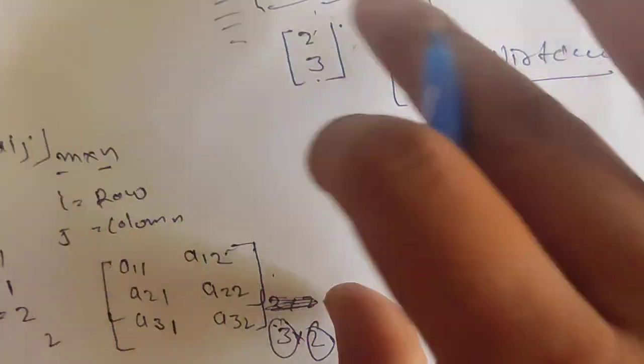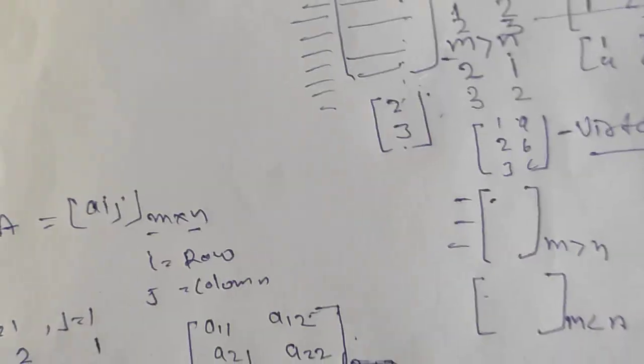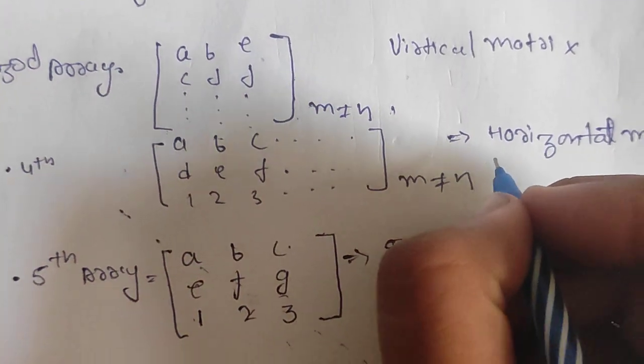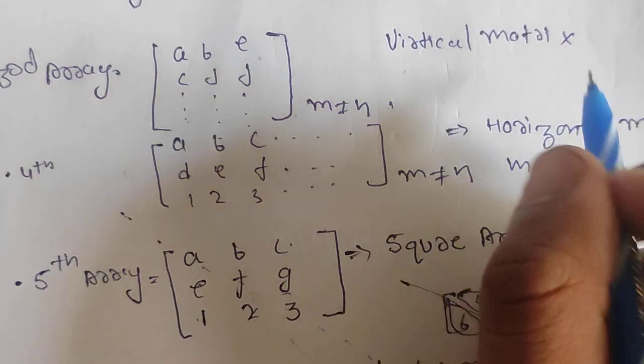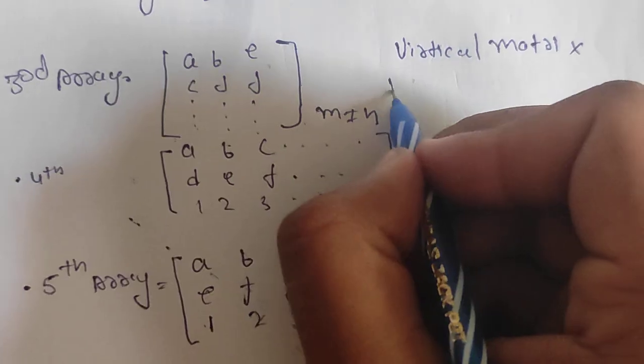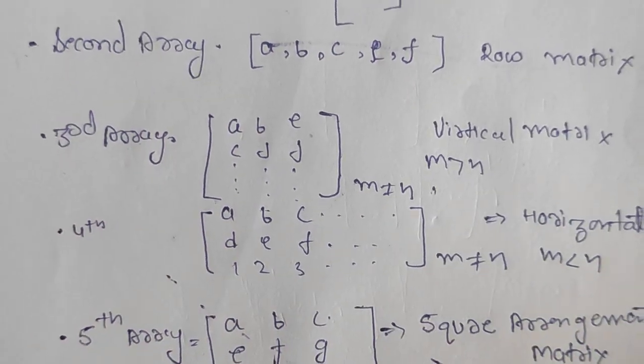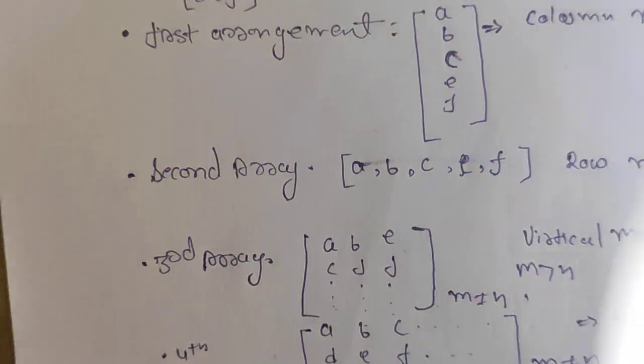We can also say this with rotation. Okay, sorry for that. So we can say that for horizontal m is less than n, and for vertical m is greater than n.